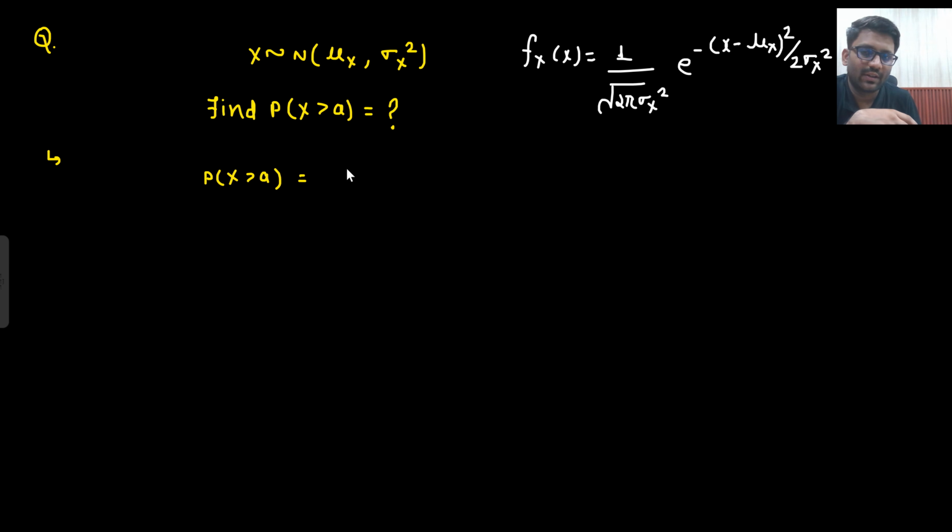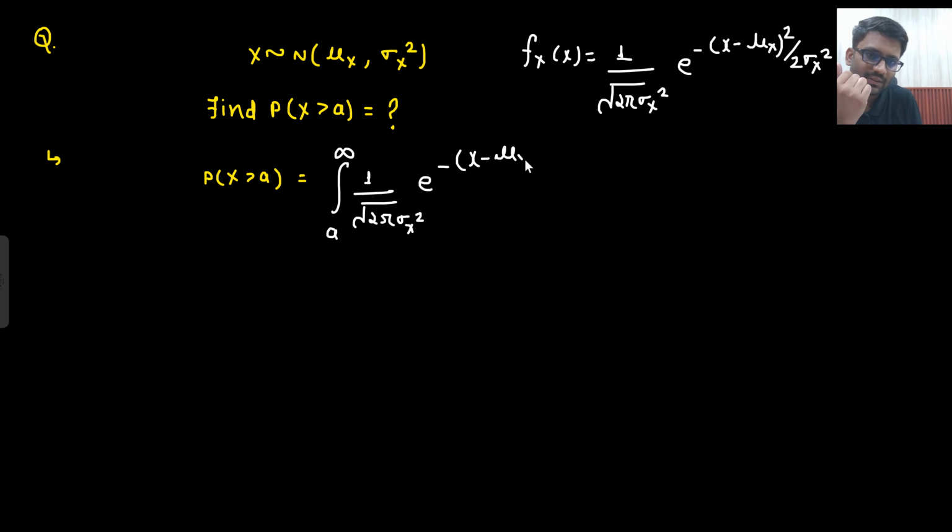That means what you need to find? From a to infinity, 1 upon under root 2 pi sigma x square e to the power minus (x minus mu x) whole square divided by 2 sigma x square dx. Try comparing it with something that you already know.